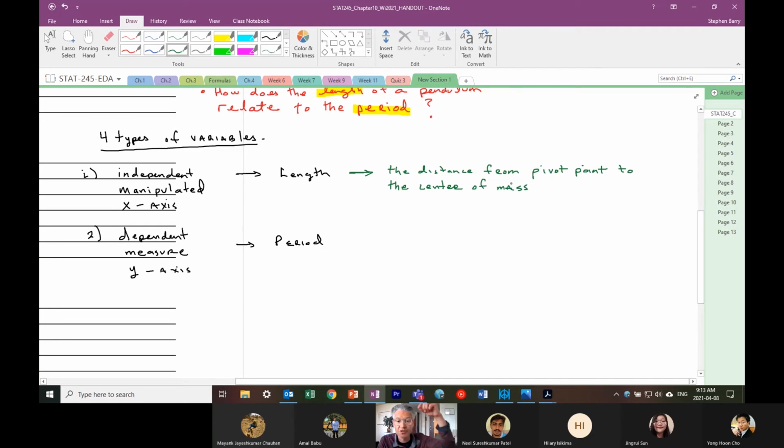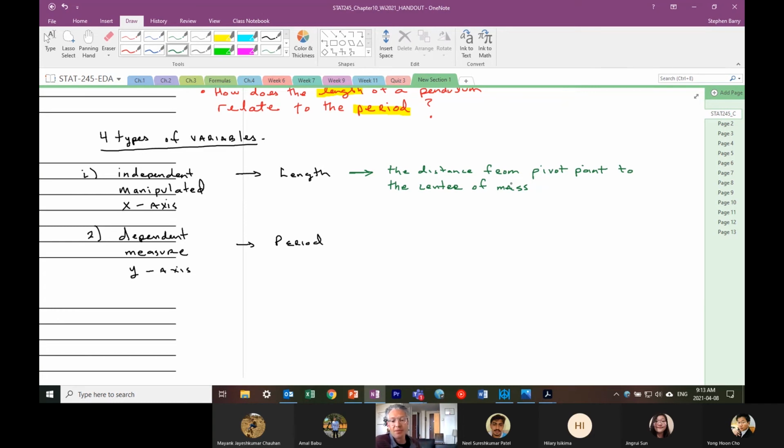If you have a string and just a very small weight on the end, like let's say a quarter or something like that, it's hard to figure out where your center of mass is going to be. You want to have a relatively heavy thing attached to it.